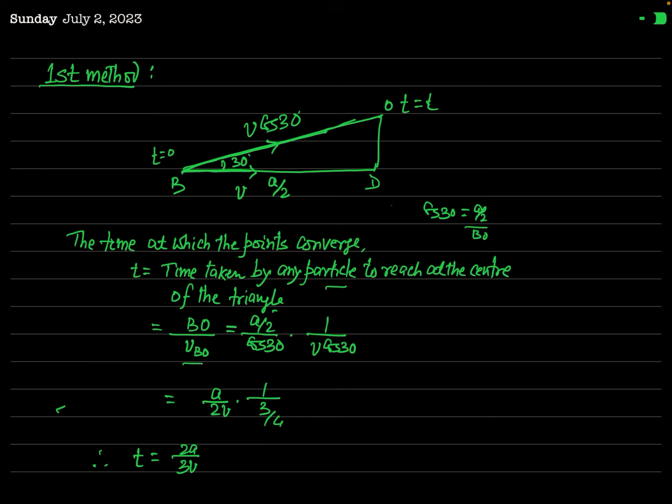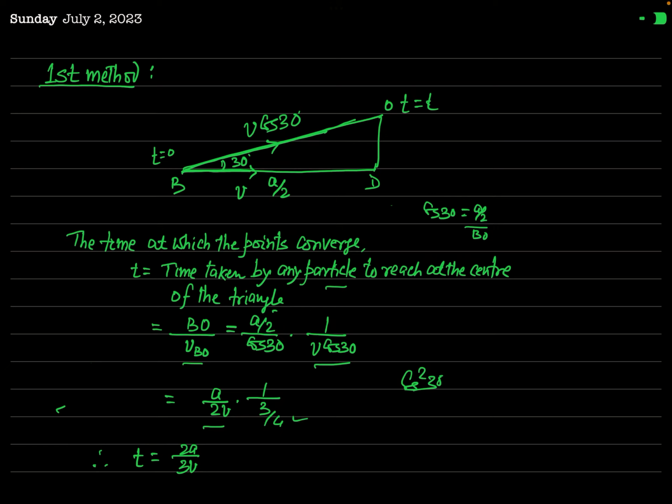So I have written here V_BO, which means the component of velocity V directed along BD in the direction BO. And as you can see, this BO will be a by 2 by cos 30, and V_BO is V cos 30. So this will be a divided by 2V, times cos square 30 degrees, and cos square 30 degrees is 3 by 4.